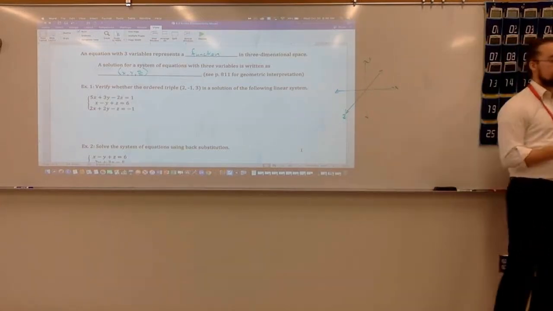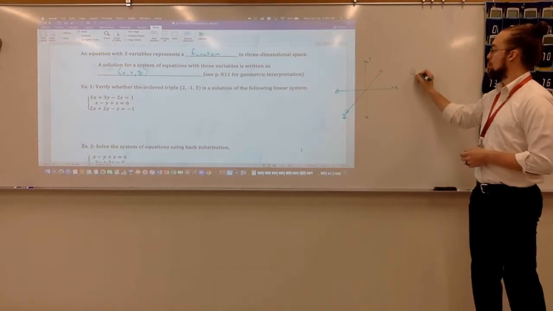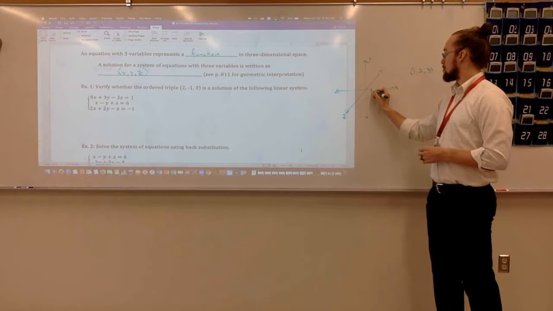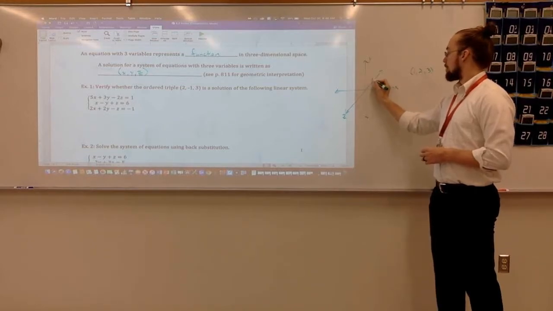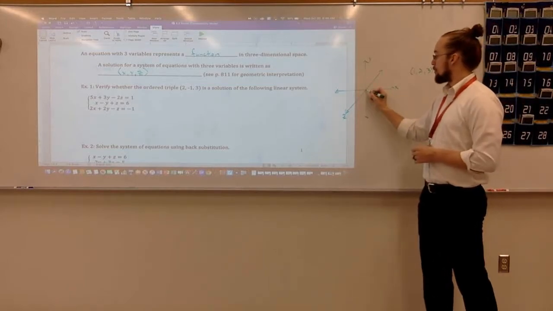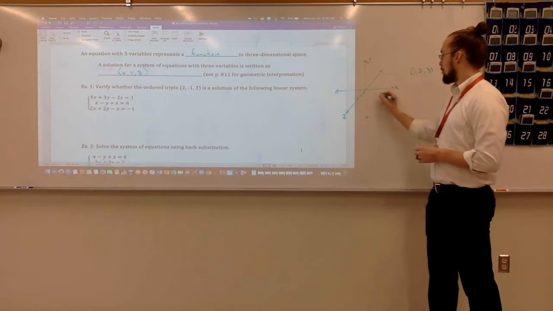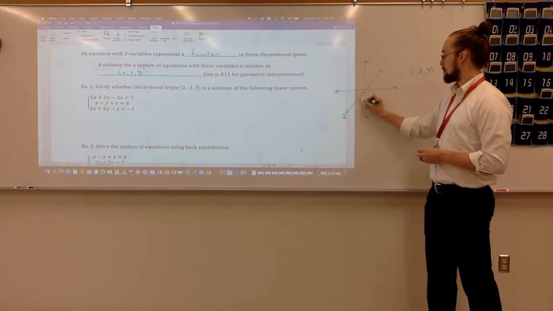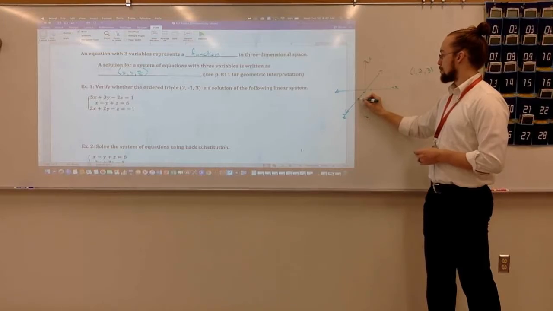If I wanted to plot the point 1, 2, 3, I'm going to go 1 on the x, then 2 on the y, and then 3 on the z-axis. So we have to think about going out 1, 2, 3 on the z, and then 1 on the x, and 2 on the y. It's a little tougher to visualize in 3-dimensional space.